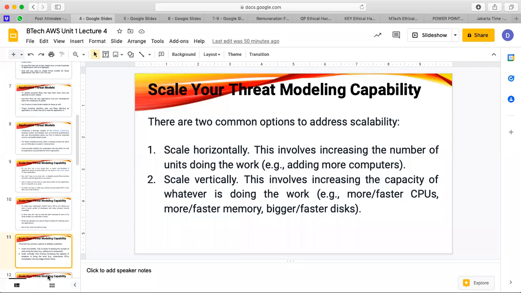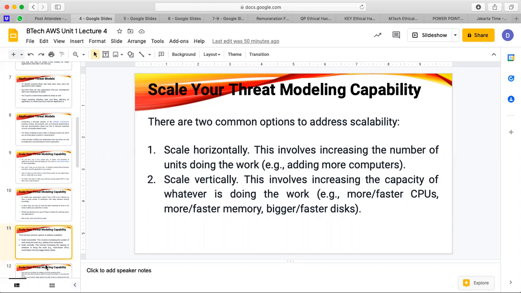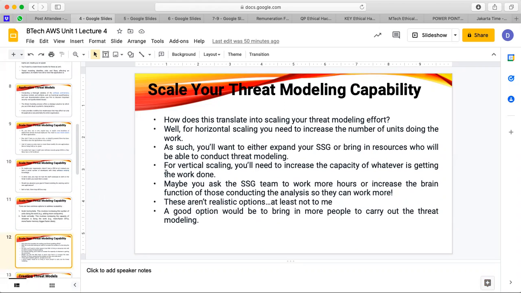For example, more or faster CPU, or more or faster memory, or bigger or faster disks, maybe a data center or maybe your storage capacity available on clouds. So again, questions arise. How does this translate into scaling your threat modeling efforts?